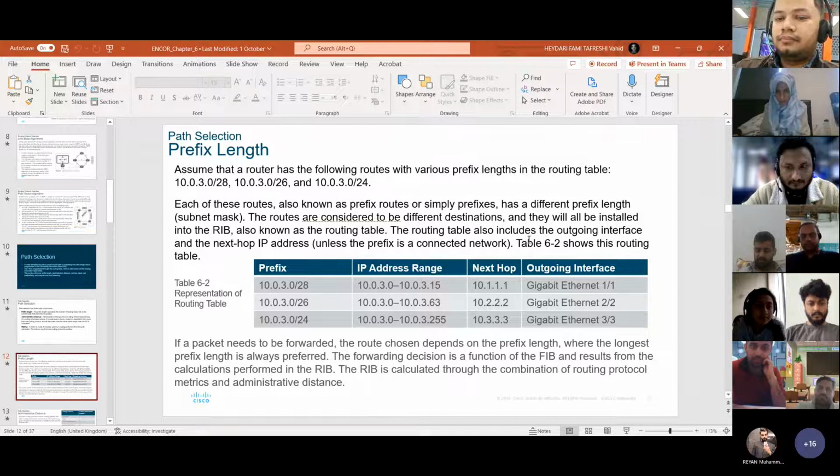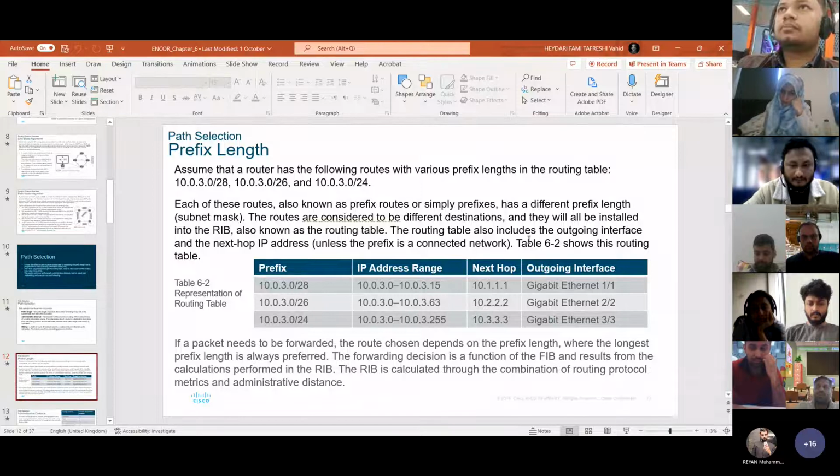the content of the routing table. There is one rule which is always true and is always checked before any other rule. I'm talking about path selection. You know that we need a couple of rules that we need to consider. One rule is AD, administrative distance. I told you that some routing sources are more trustworthy than others.